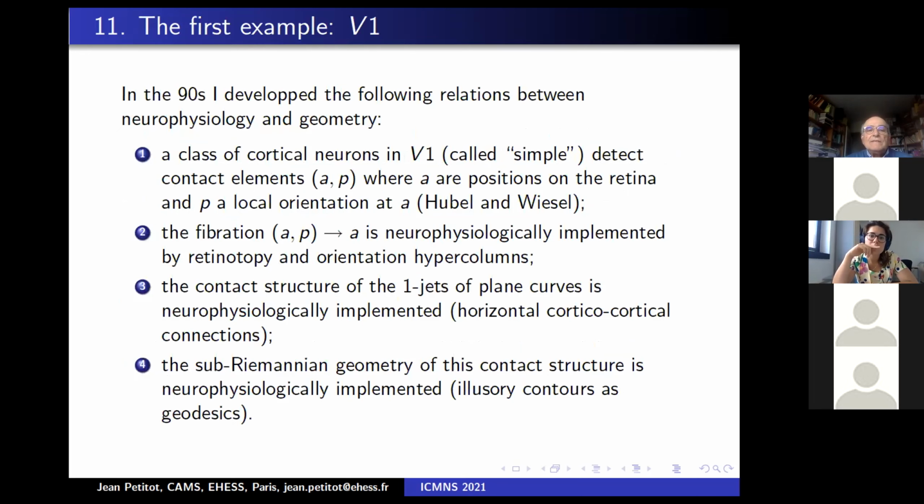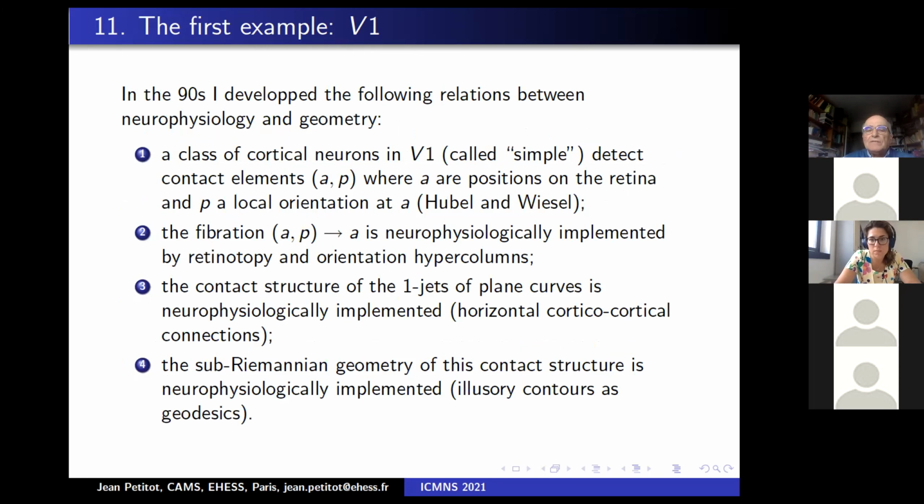And in the 90s, I developed the following relations between this type of geometry, Pfaffian geometry, and neurophysiology. First, a class of cortical neurons in V1 called simple neurons detect contact elements (a, p), where a are positions on the retina, and p, a local orientation at a.